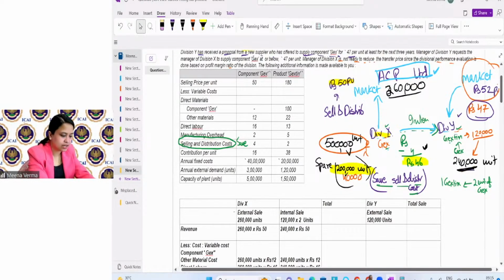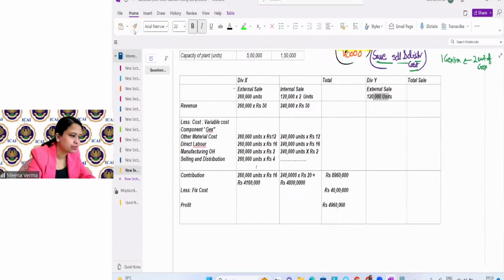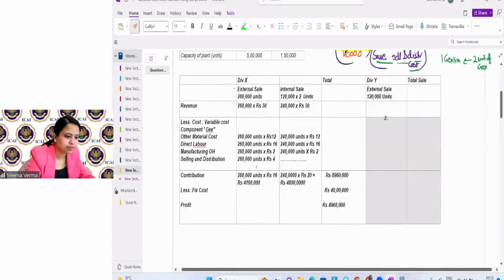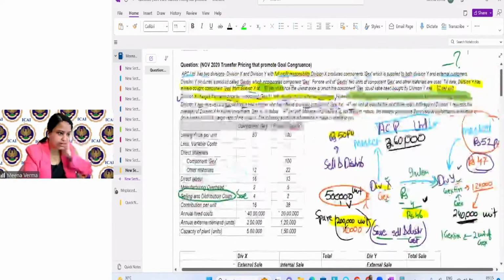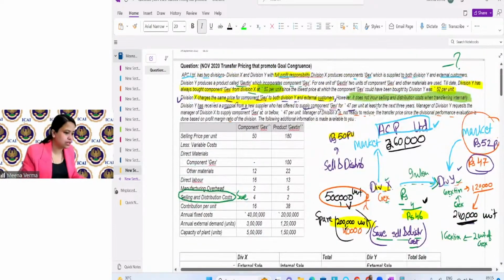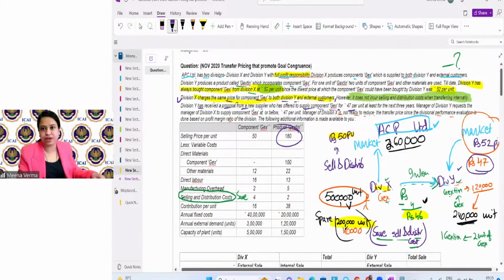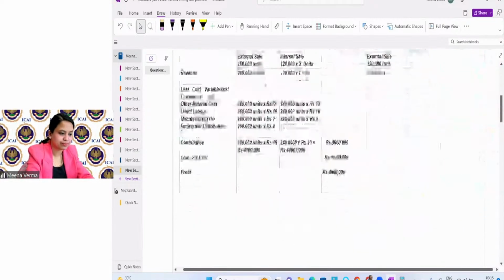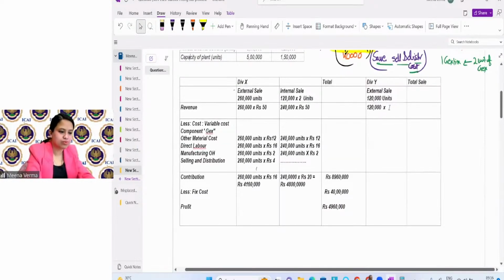We are selling 120,000 units, and the sale value is given here, rupees 180. Consider it. So the sale value will be rupees 180.